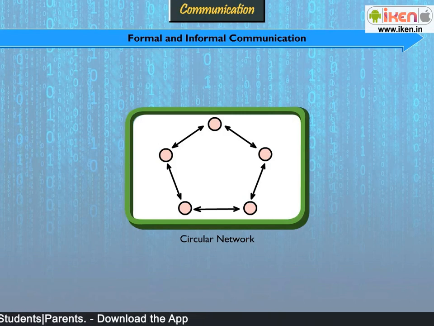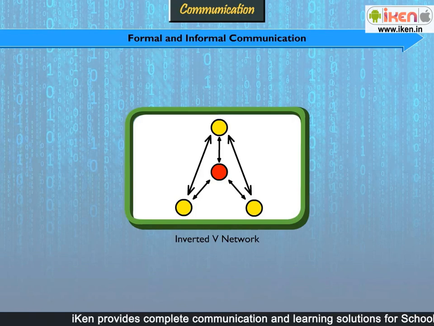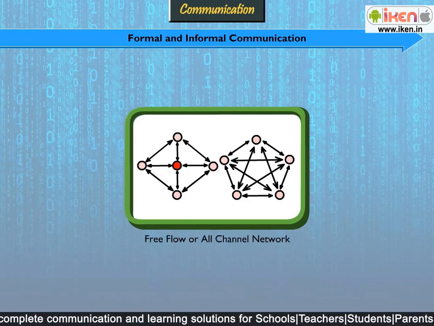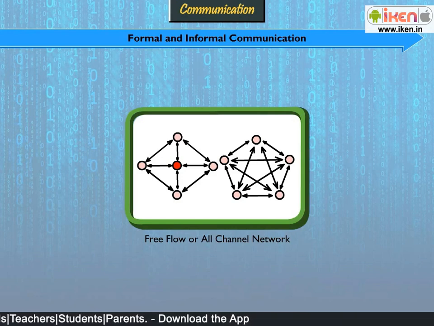Members communicate with others if they share something in common, such as experiences, beliefs, expertise, office location, etc. Inverted V network allows a subordinate to communicate with his immediate superior as well as his superior's superior. In a free flow or all-channel network, each team member can communicate with every other team member. Information flows in all directions in this network.